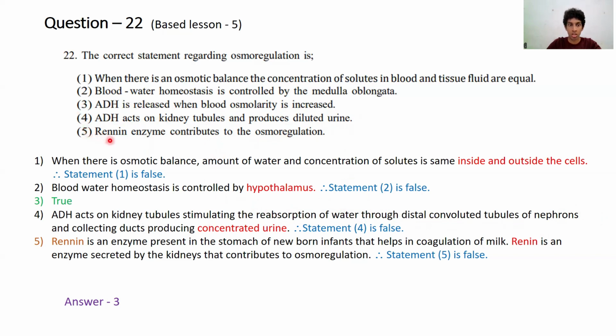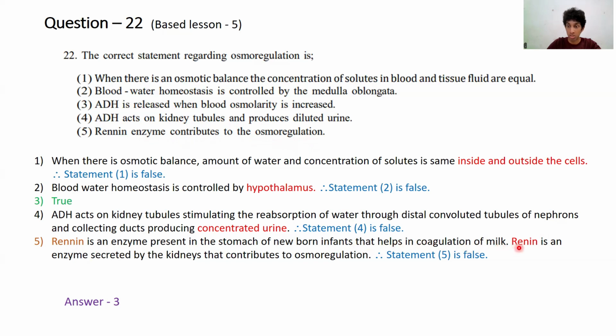Fifth one, renin enzyme contributes to the osmoregulation. That's wrong. Rennin, with a double N here, is an enzyme present in the stomach of newborn infants that helps in coagulation of milk.